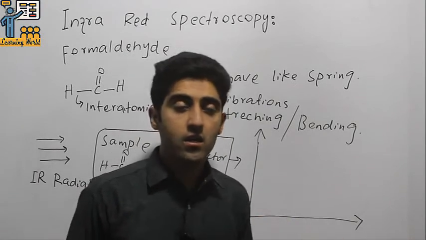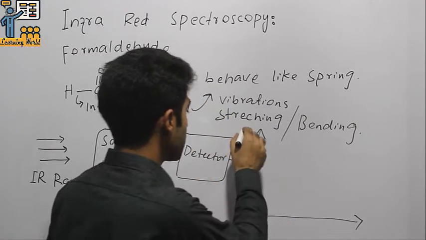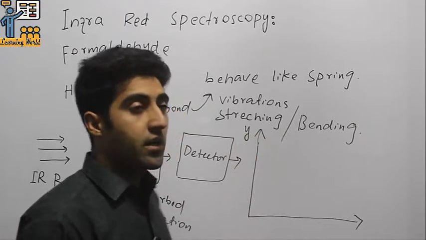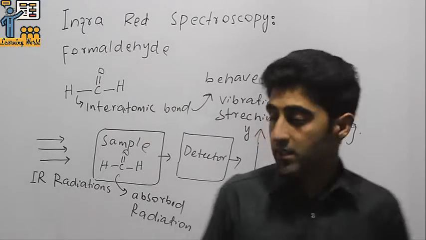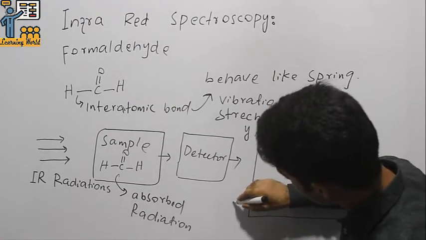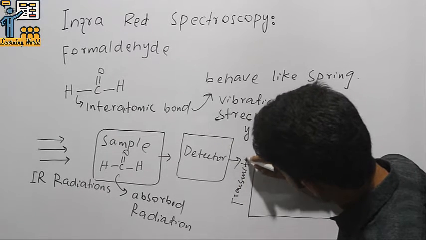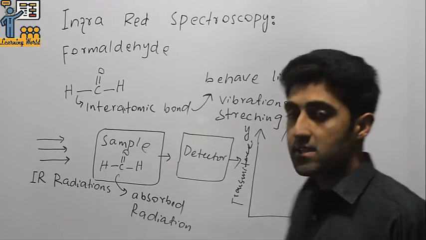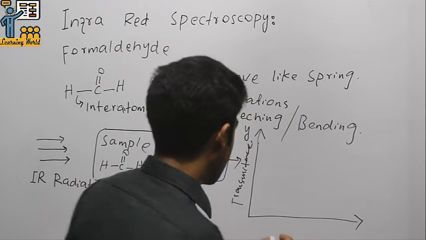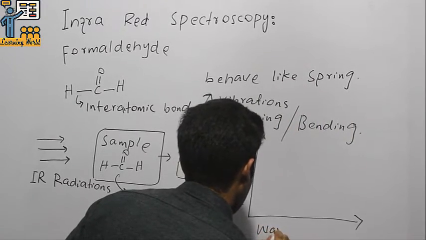Here in this spectral line, the y-axis will represent the transmittance, and the x-axis will represent the wave number.